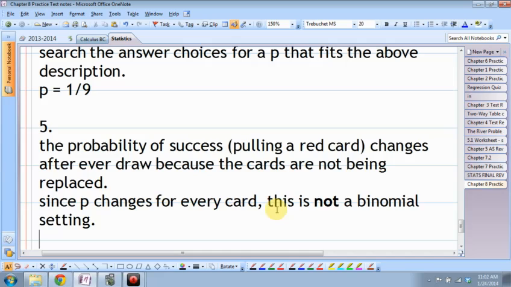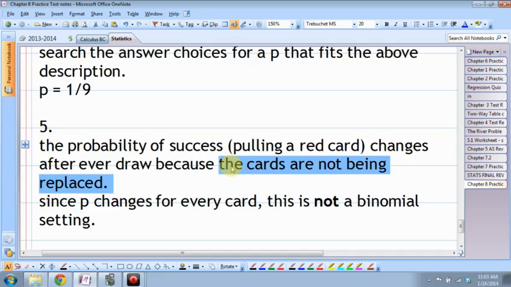C, this is a binomial distribution, 40 and 0.5, provided that after selecting a card, it is replaced in the deck and then the deck is shuffled well again before the next card is selected. Okay, and that would take care of this, right? We said here that the problem was the cards are not being replaced.